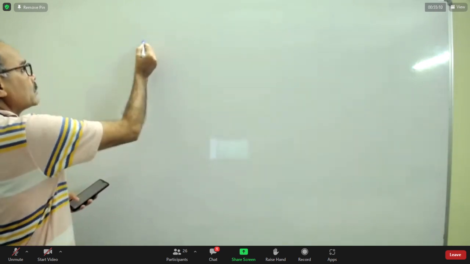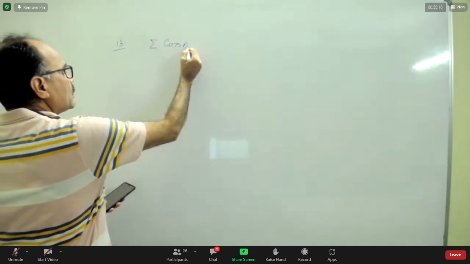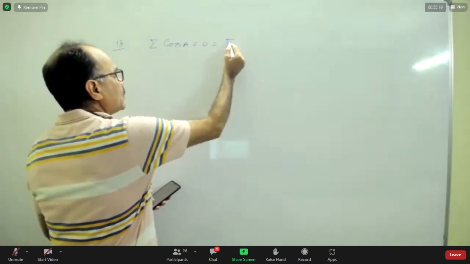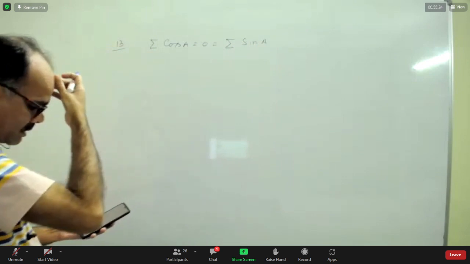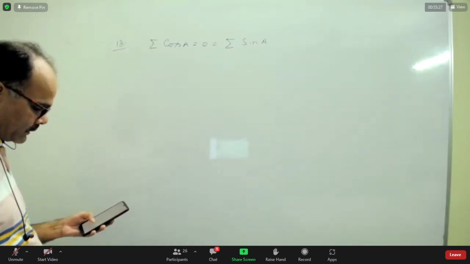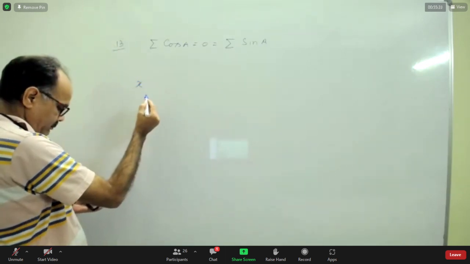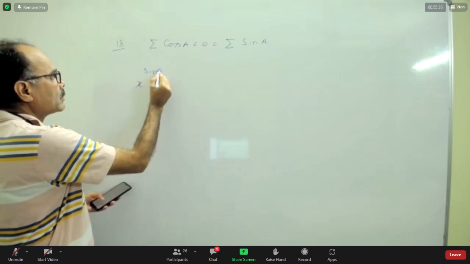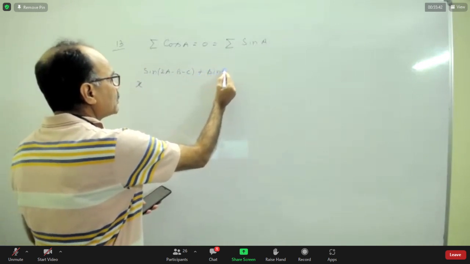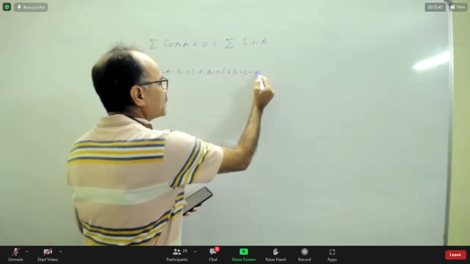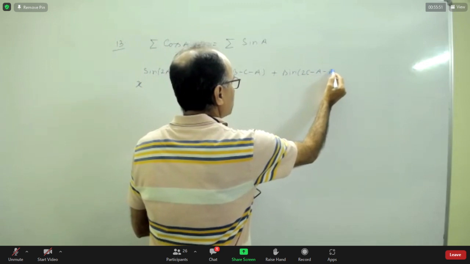Summation of cos A equals summation of sin A equals 0. So we have to find x to the power sin of (2A minus B minus C) plus sin of (2B minus C minus A) plus sin of (2C minus A minus B).